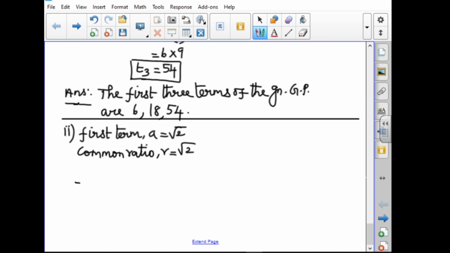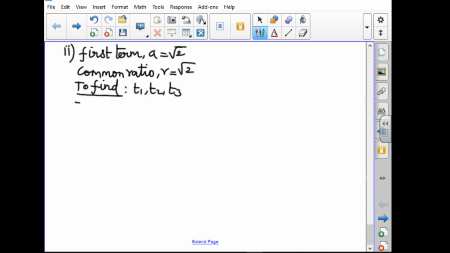R is the non-zero number. It may be a positive, real, fraction, decimal, it can be anyone except 0. To find T1, T2, T3. First term we know it is root 2, so we find the nth term.